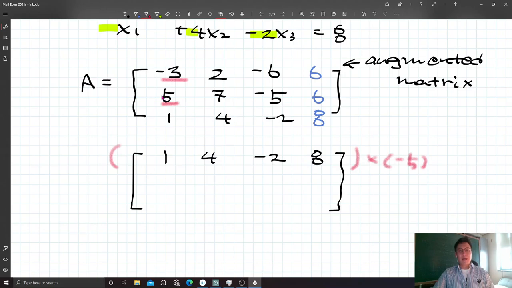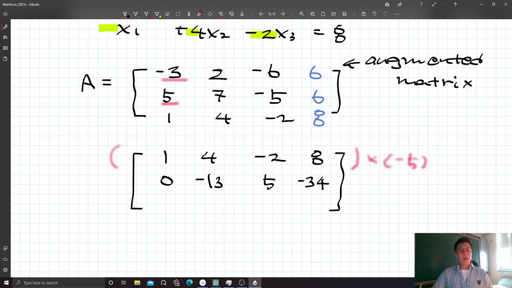Then we can eliminate this number 5 by adding to the second row. Then the second row becomes 0 as the first entry. The second entry is 7 minus 20, 4 times negative 5, so negative 13. The third one, 5. And the last one is negative 34.